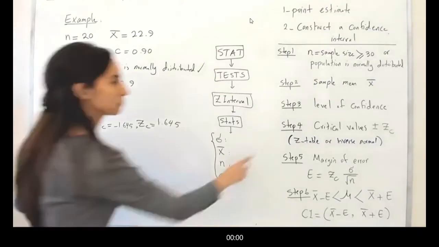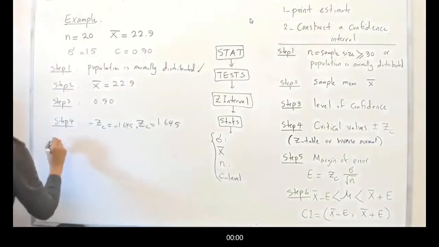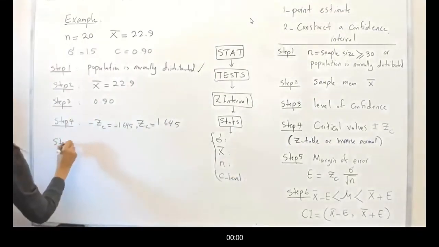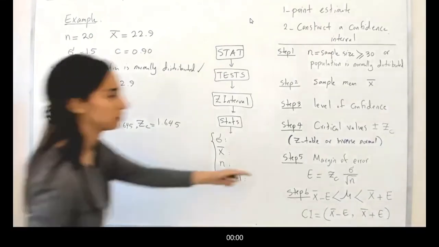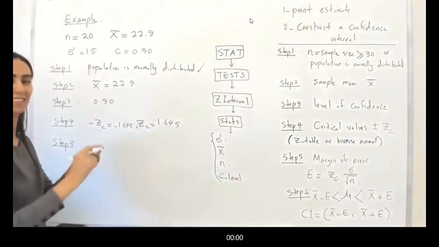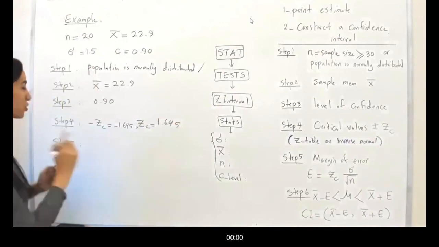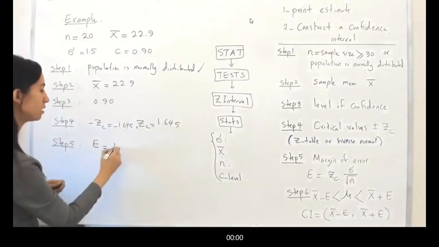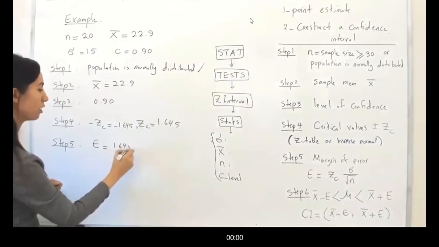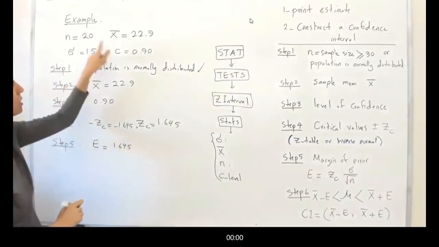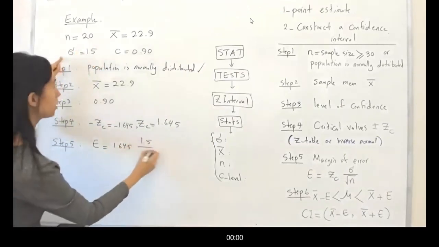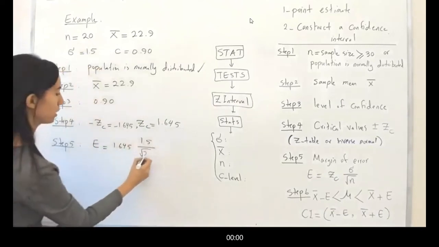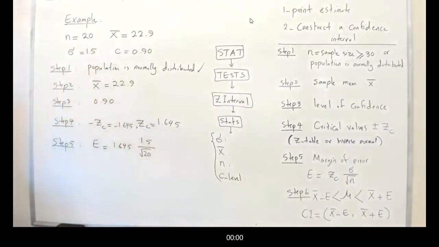Very well. So step 5. What do we have? We need to form our distance, the margin of error. Margin of error is ZC, positive ZC, 1.645 times sigma. Sigma is 1.5 divided by square root of 20. Let us do the calculation.